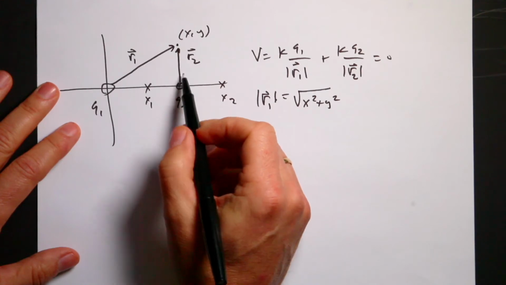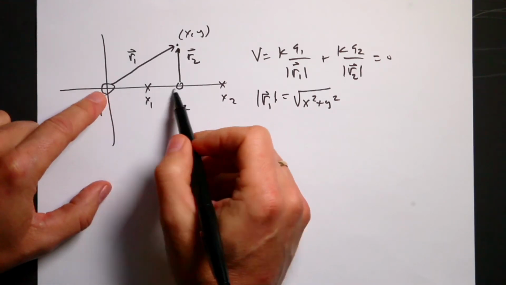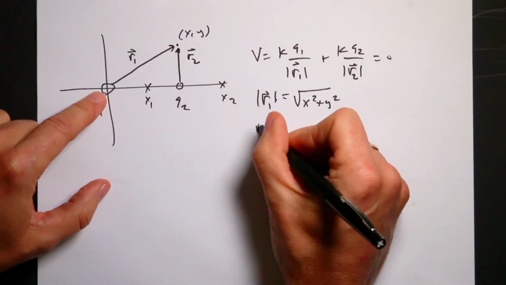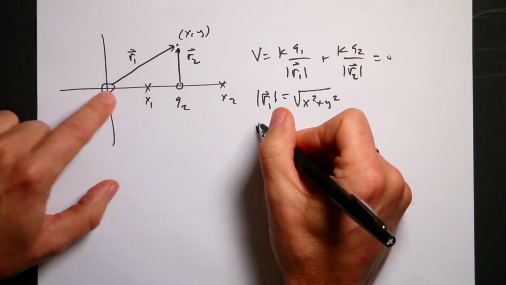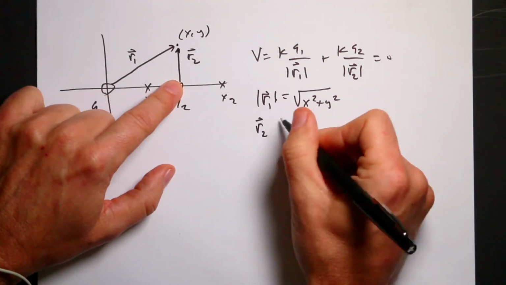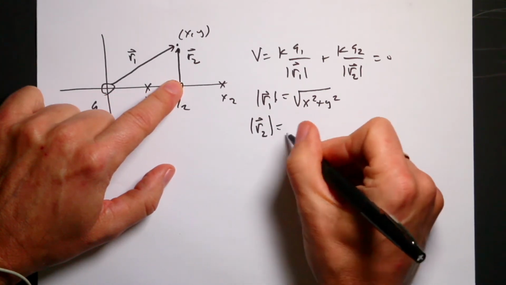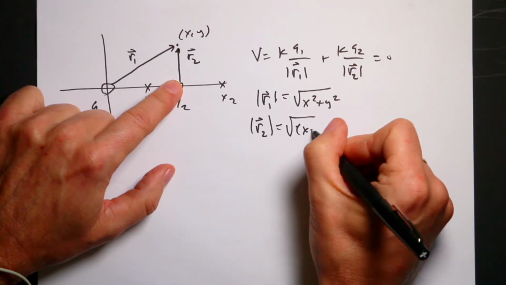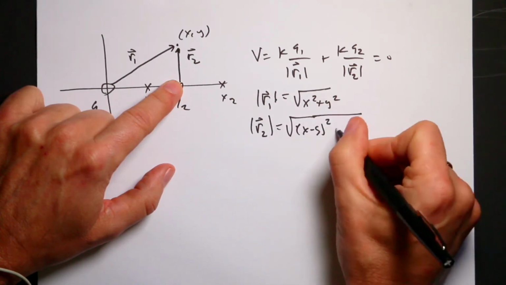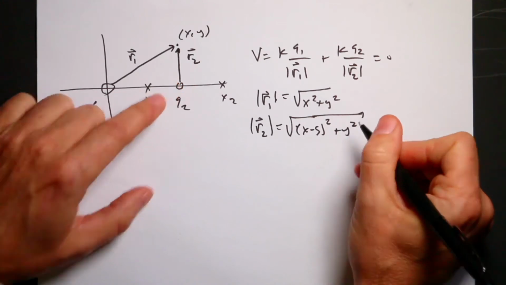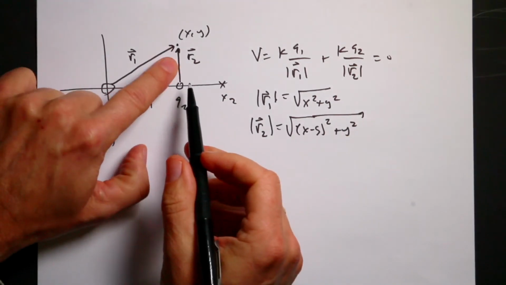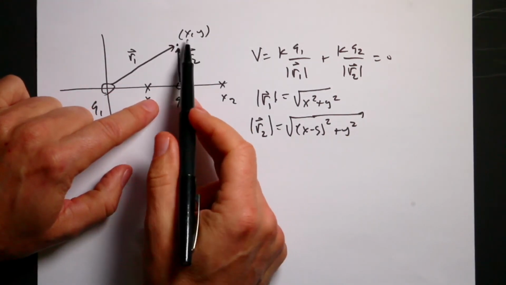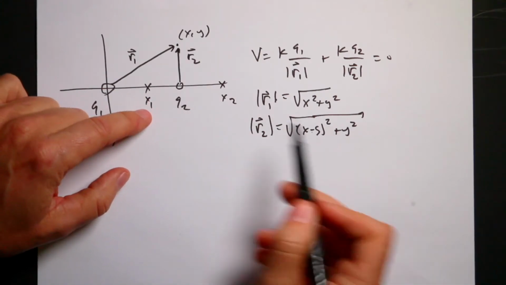This vector, since I already went over a distance x, r2 is actually going to be the square root of x minus s quantity squared plus y squared, right? Because that has a different value. If this x was s, then that would be 0 and it'd be straight up.